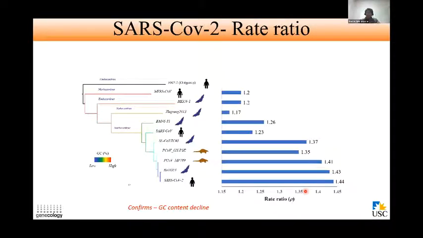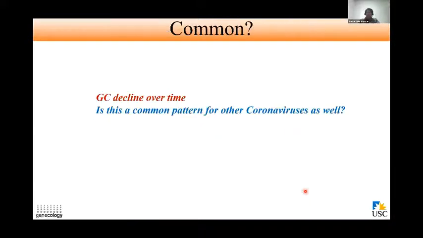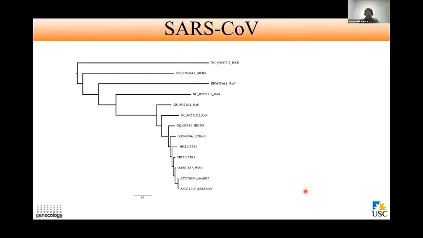So the next question is, this is what I observed in the SARS-CoV-2 virus. Is this pattern common? Is it present in other viruses as well? I repeated the same analysis for the earlier SARS-CoV virus that caused the outbreak in 2004.